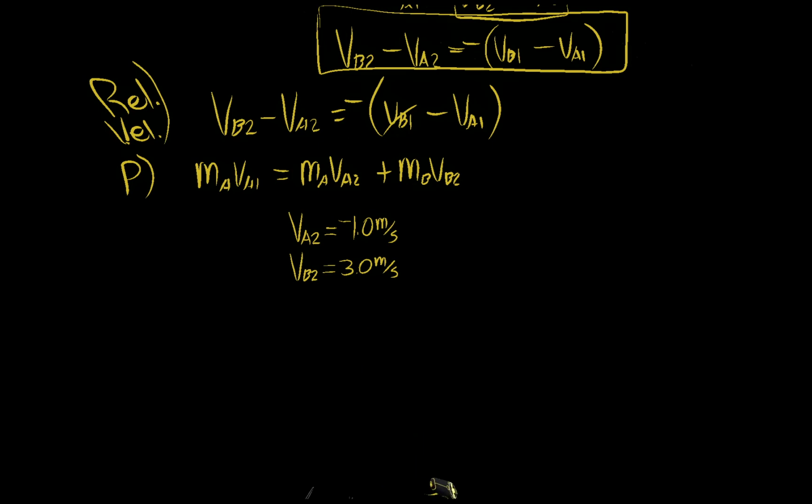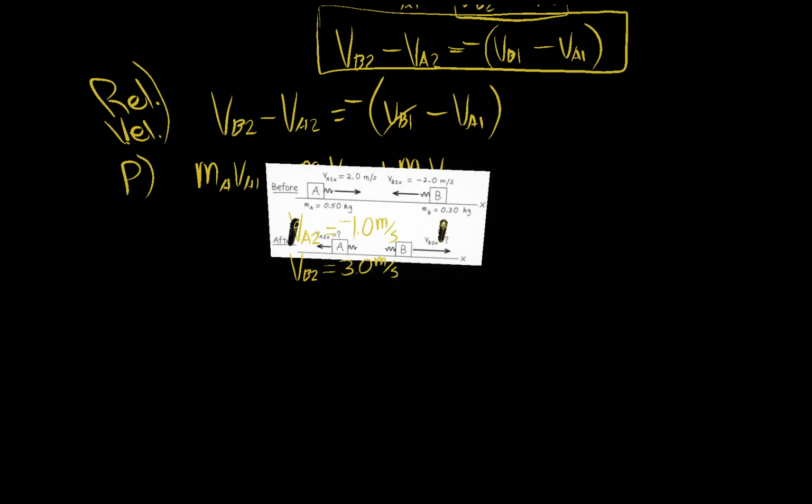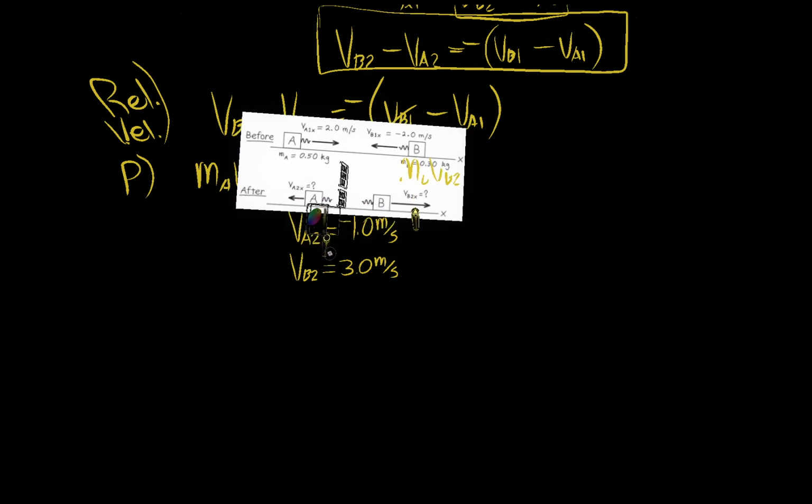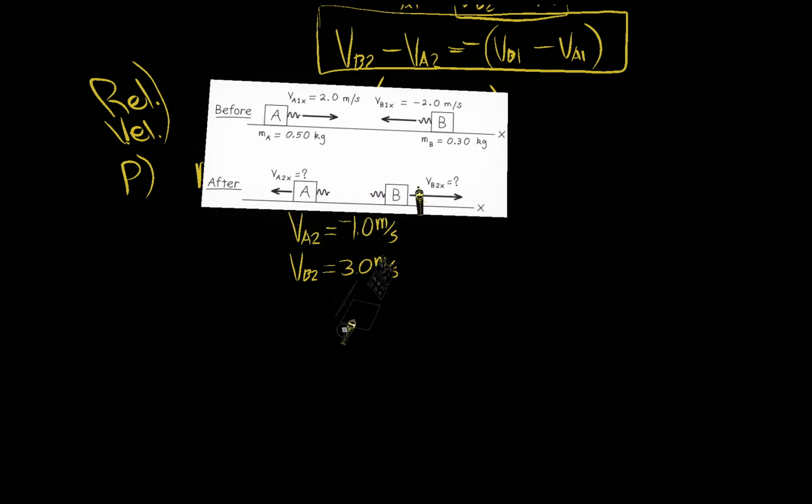And just as our relative velocity equation has asserted, it turns out to be true. The relative velocity after is 4 meters per second. And the relative velocity before, if you remember the scenario here, was negative 4 meters per second, because you take VB1 minus VA1.